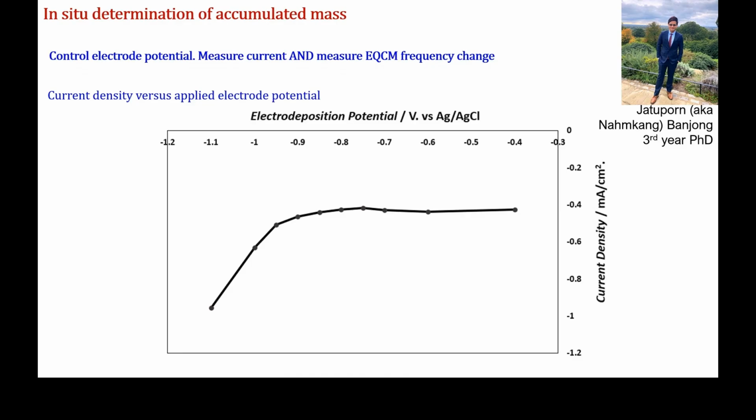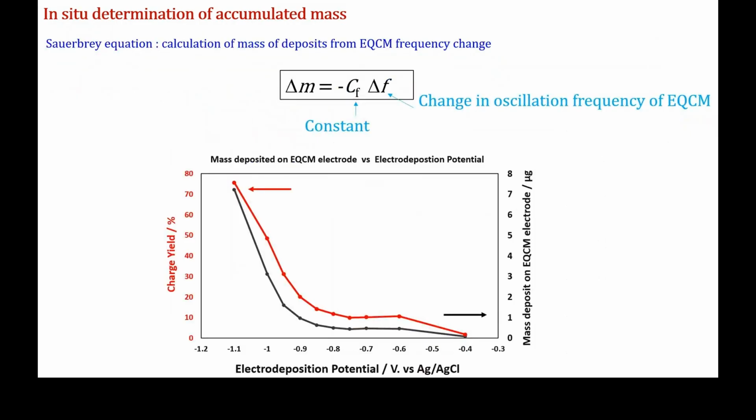So we've got this curve, again, the one that doesn't tell us hydrogen or nickel, right? But by measuring the change in frequency of the electrode, we can actually estimate the amount of mass that has deposited at each potential. And this allows us to see that, okay, for this particular system, the Nernst potential is at minus 0.4 volts, which is where the experiment started, and you've got next to no mass and zero charge yield.